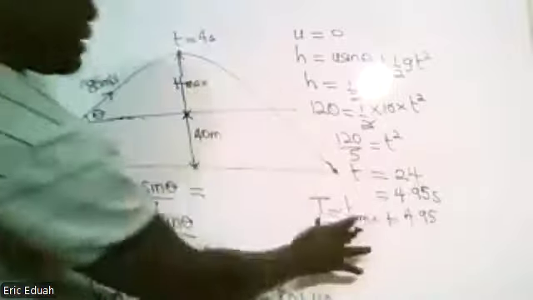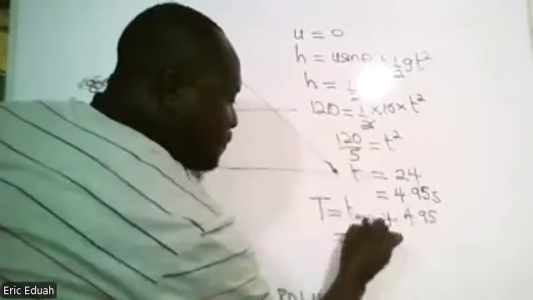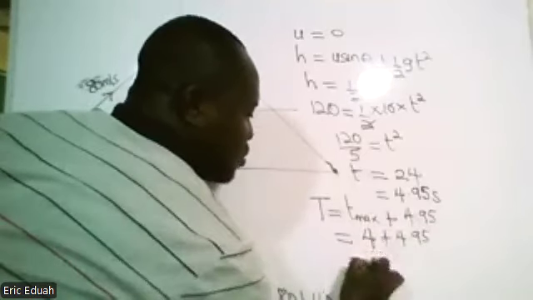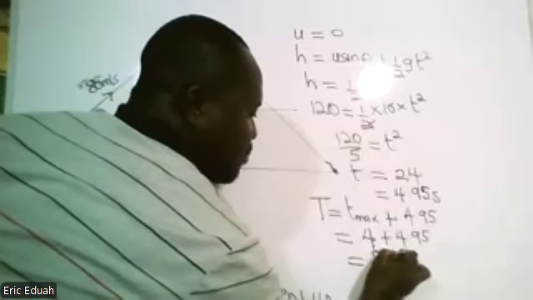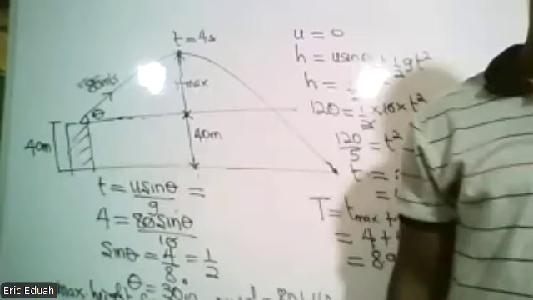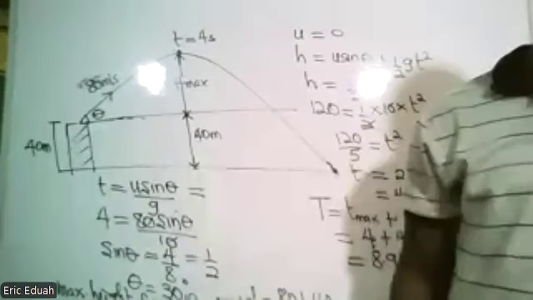And the time taken to reach the maximum height, we are told, is 4. So our value will be 8.95 seconds for the time of flight. Please, understood? Yes, sir.